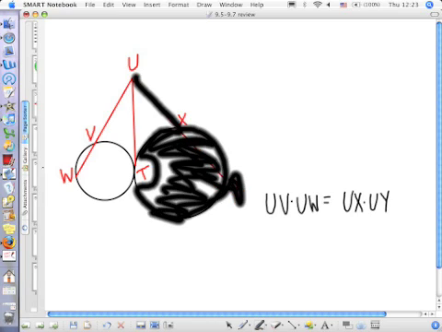So ignore this circle and look only at this circle on the left. You have a tangent and a secant, where the tangent squared is equal to the outside, which would be UV, times the entire length, which would be UW.